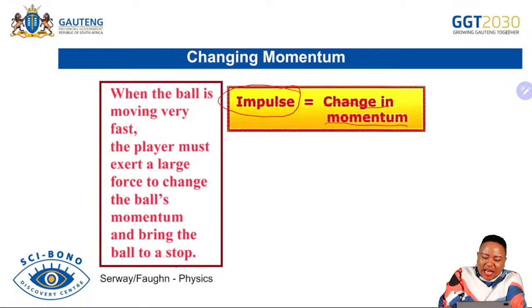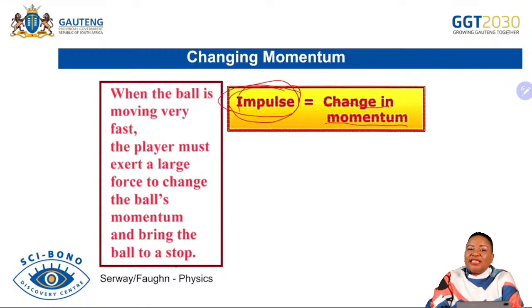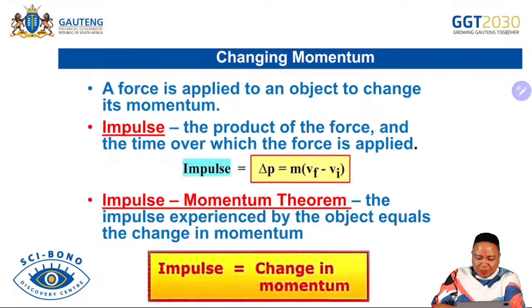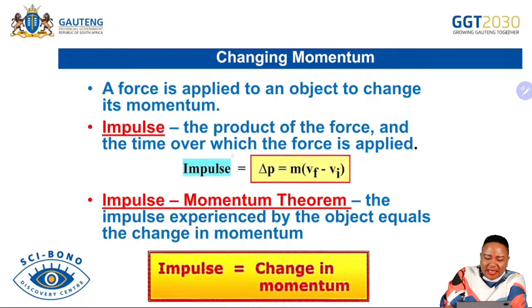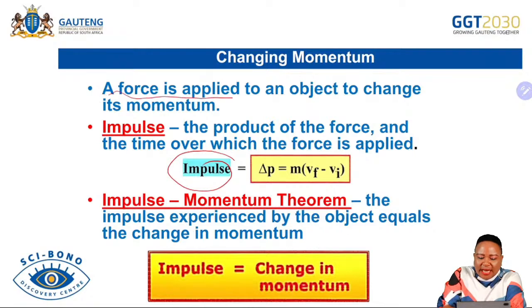Therefore, you ask yourself, what is impulse? Remember the topic as it states on your exam guideline and also on your annual teaching plan and also on your textbook. It says it's momentum and impulse. Now, what is this impulse that we say is equal to the change in momentum? Impulse is a force applied on an object to change its momentum.